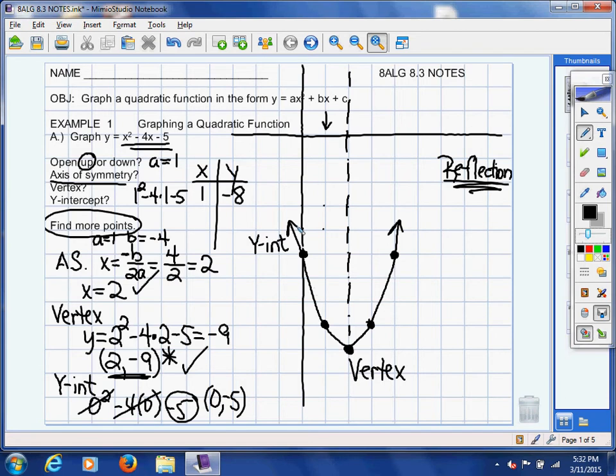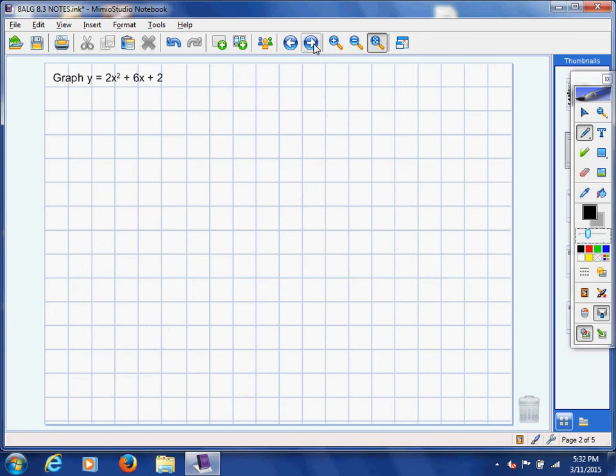Now I'm going to help you on the next page, and then I'll give you a hint on the next one. Okay, so first thing, does it open up or down? Well, A is 2, so A is positive. That means it's going to open up. Now we need to calculate the axis of symmetry.